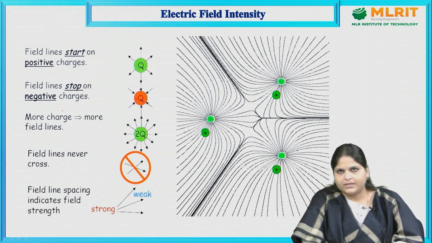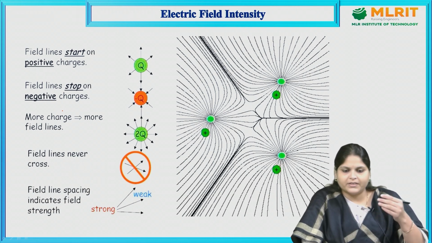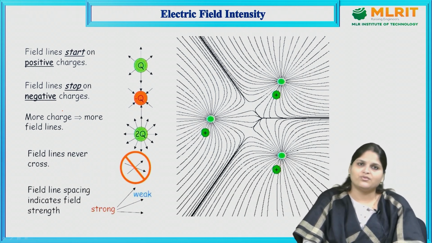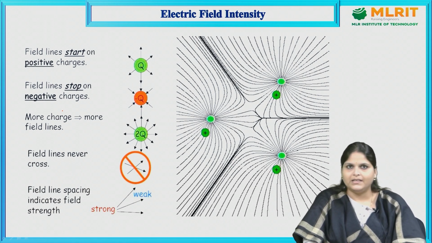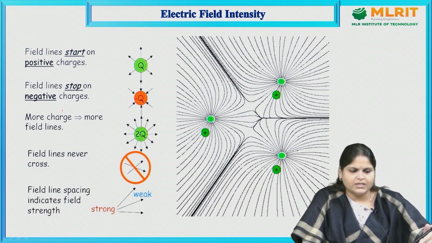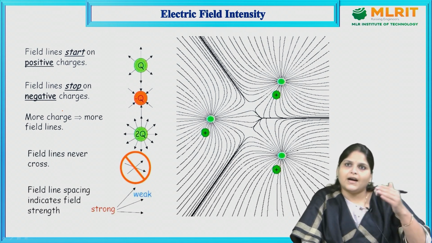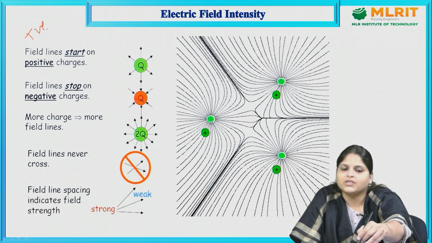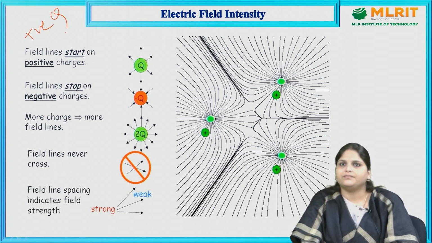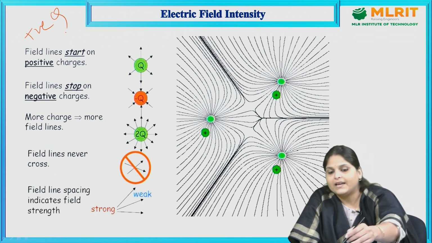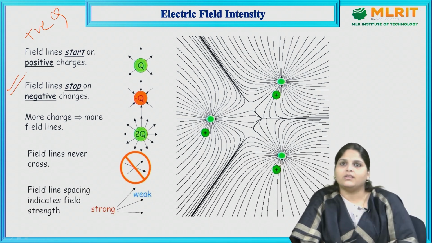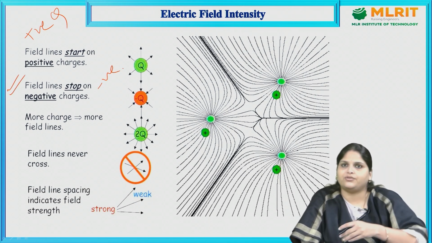So basically the electric field is a way of characterizing the electrical environment of a system of charges, right? So what is electric field? Basically what electric field we can understand by electric lines of forces, right? Here you see various charges will be there, field lines will be there. So basically electric lines of forces, they start from positive charge, right? And these lines terminate on the negative charge, right?